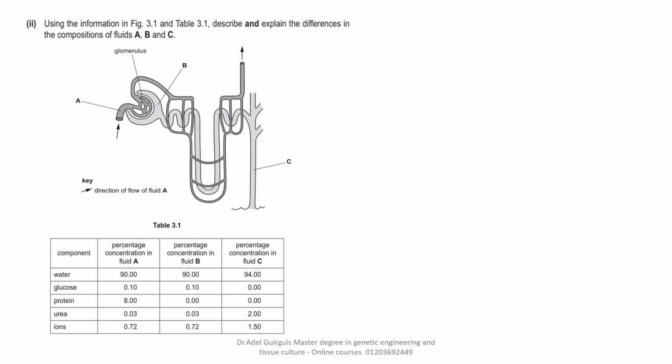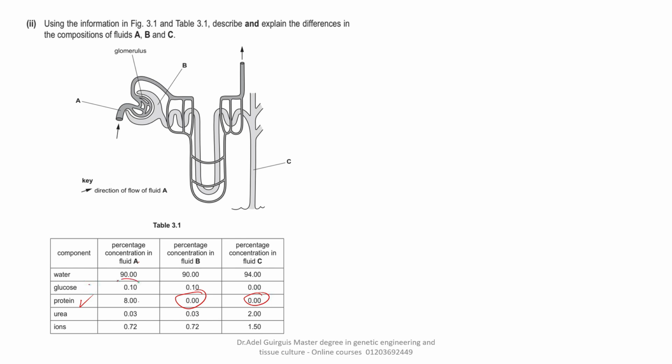What about the differences in the 5 components in the 3 fluids? Look at the table. I think the major one is protein, found here in A, but nothing in B or C.